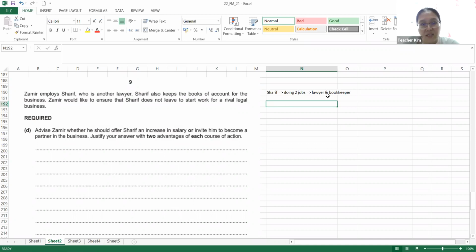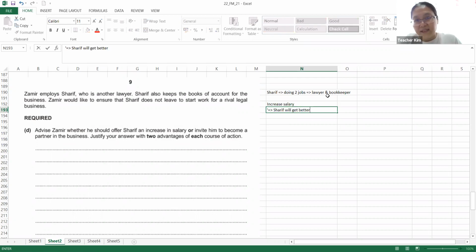So the advantage if you increase salary: Sharif will get better pay, so he will put effort to do more work.